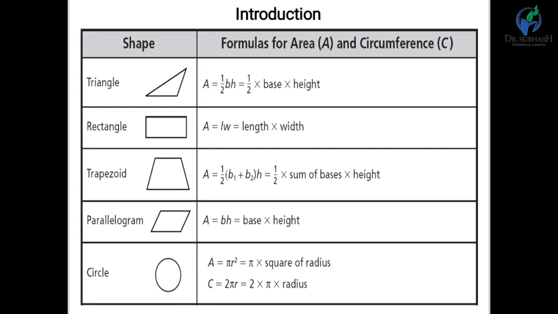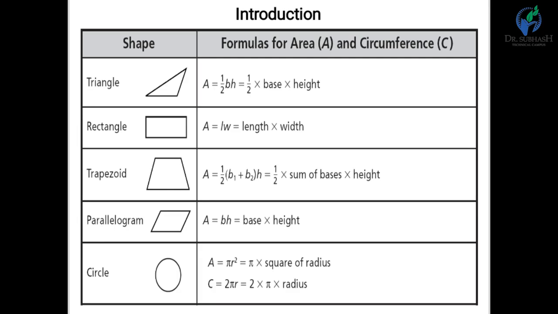To find the area of a triangle, area is equal to 1 by 2 into base into height. That is the basic formula for the area of a triangle. Now, rectangle. The formula for a rectangle is length multiplied by width, which gives the area of the rectangle. Next is trapezoid.